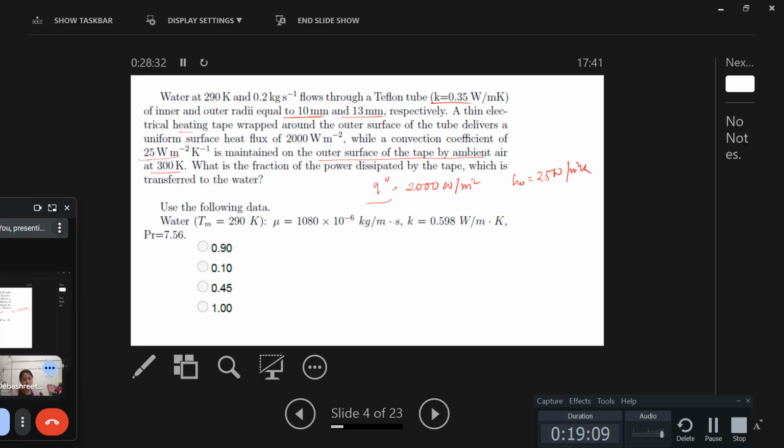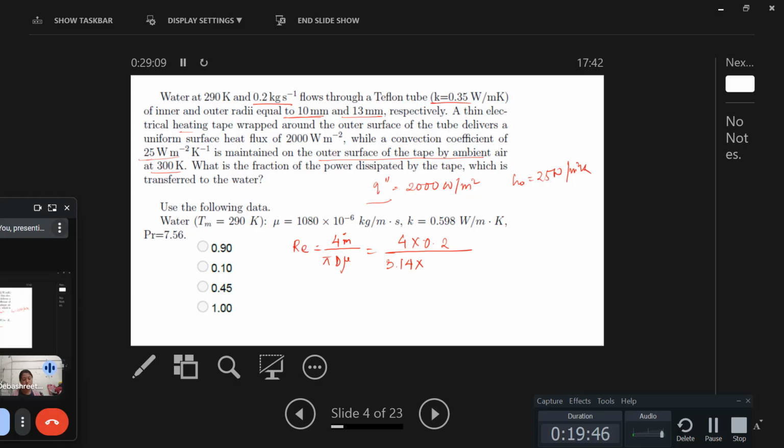So for this, we need to find out the Reynolds number again. Re is 4 m dot divided by pi D mu. m dot is 0.2 kg per second. Pi is 3.14.